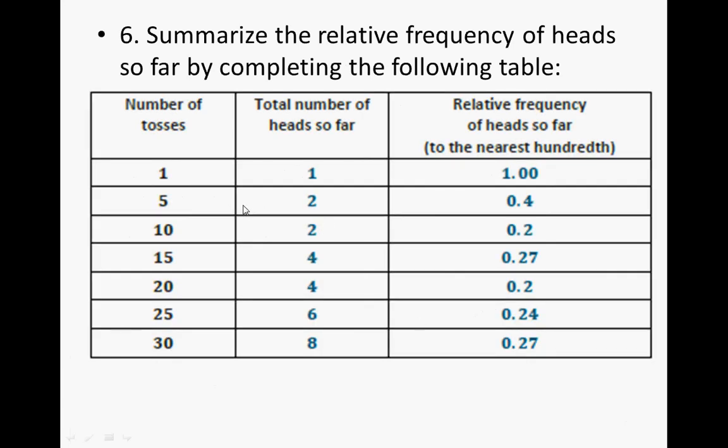So we're not going to do it for each one, but you should be able to figure it out for 1, 5, 10, 15, 20, 25, and 30. So for example, out of 15 tosses, there were 4 heads so far, so we're at 0.27. And for 30 tosses, we ended up with 8 heads, so that would be 0.27.